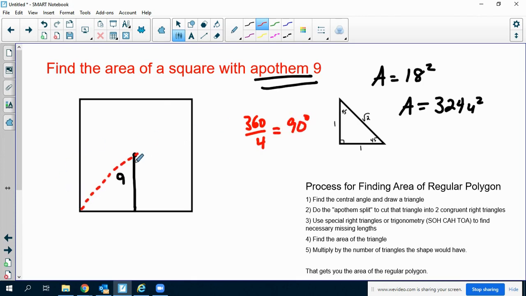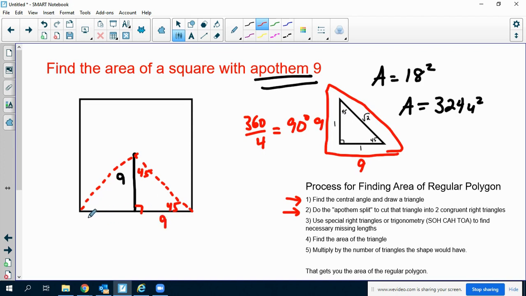It's a 90-degree angle, and then the apothem cuts that in half, so I have a 45. So I have a 45, 45, 90 triangle. Since this is 9, that's also 9, which makes this 9, which makes this 18. And then once I have 18, I can use the formula for a square.